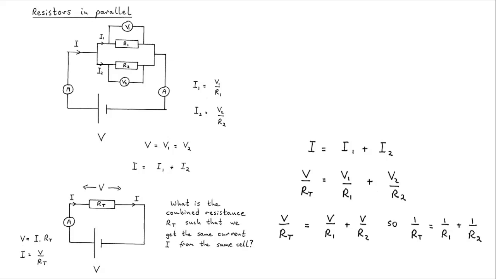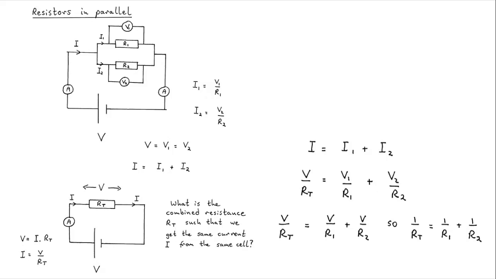Now, the potential difference across the cell is the same as across each resistor. It must be. It's an equivalent position. Now, when the current comes to the junction, I'm talking about the top diagram, current I splits into I1 and I2. So we can say I equals I1 plus I2.